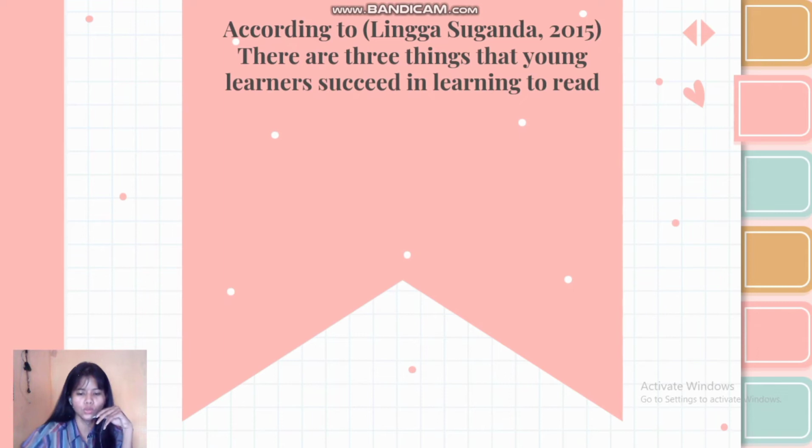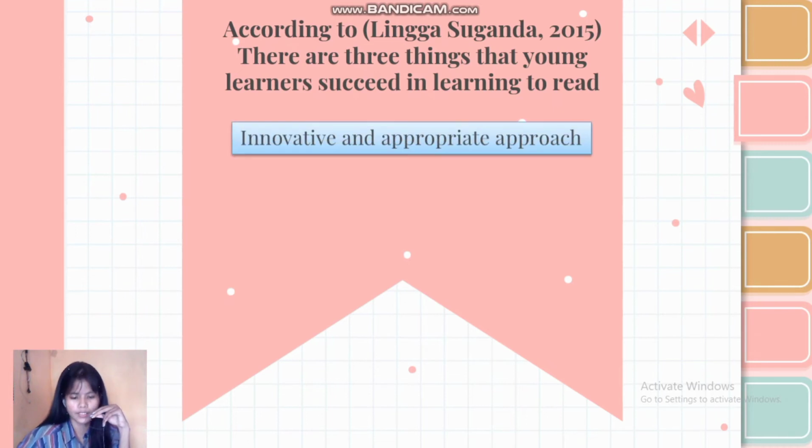And yeah, according to Lingga Suganda 2015, there are three things that help young learners succeed in learning to read. The first is an innovative and appropriate approach. By knowing the approach, we as teachers will find it easier, and the learner in the learning process can understand well what we explain to them.